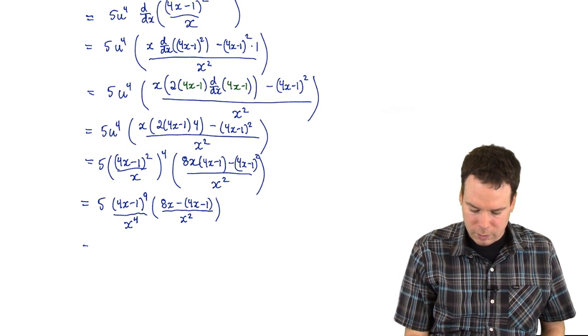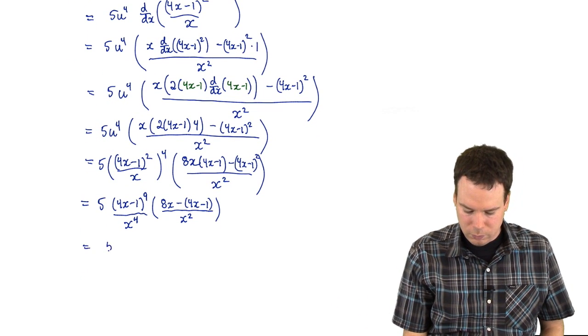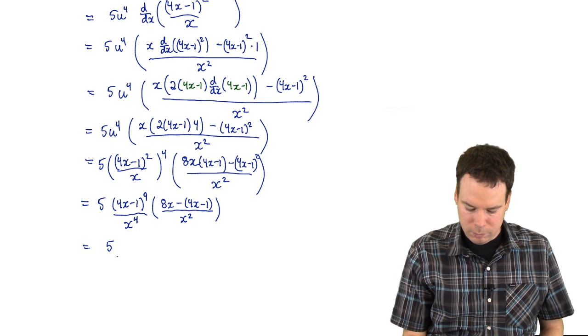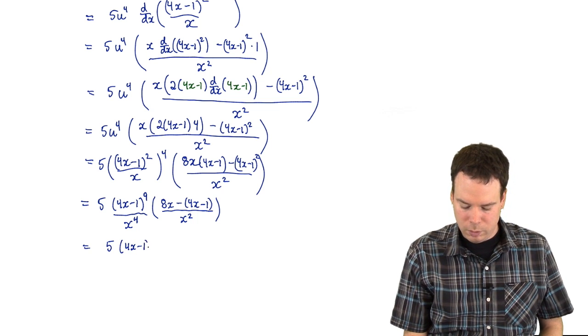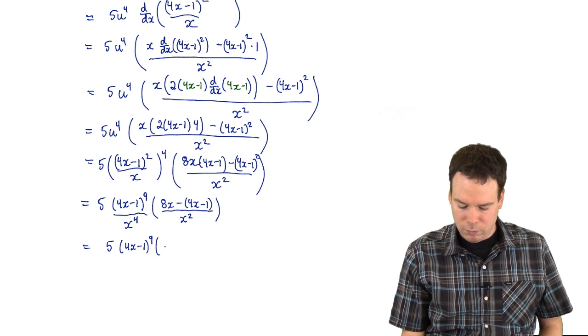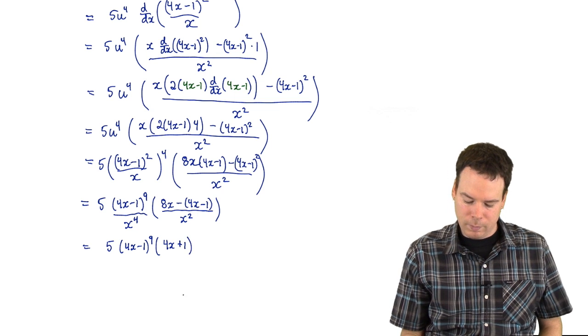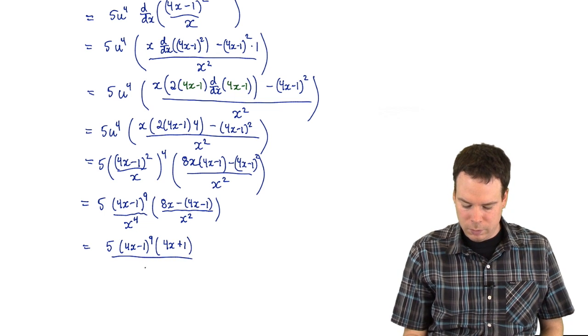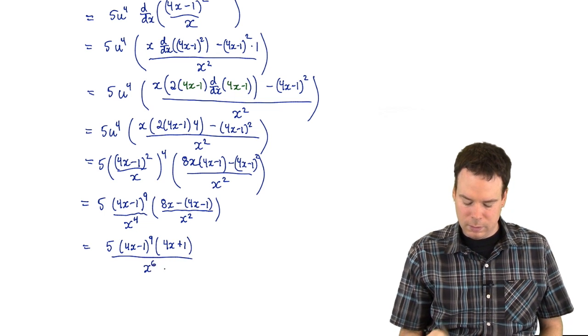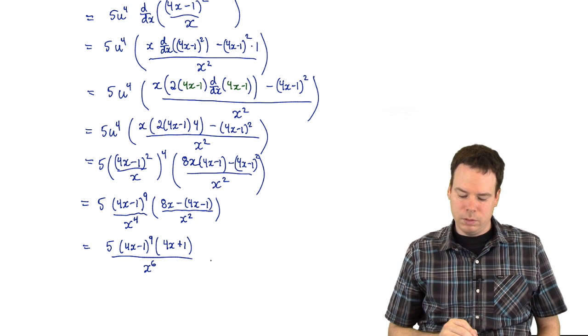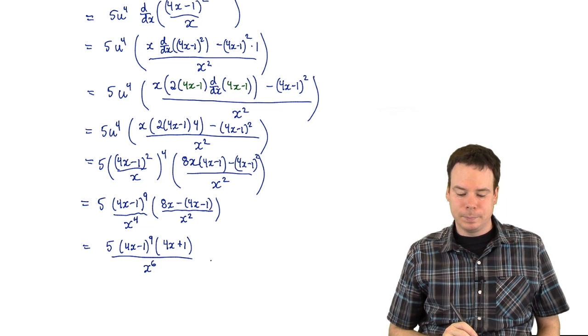And so simplifying a bit further, we get that this is 5 times (4x minus 1) to the 9th, (8x minus 4x, that's a 4x, and now we have a plus 1), all over x to the 6th. And so there's our final result for the derivative.